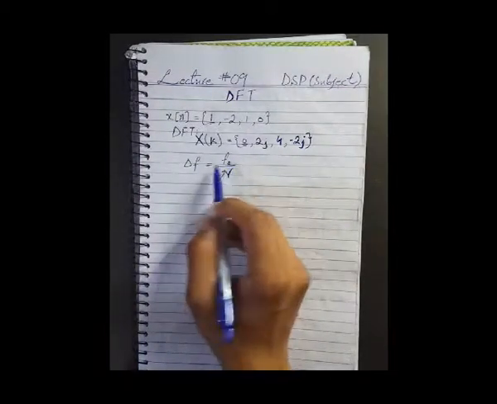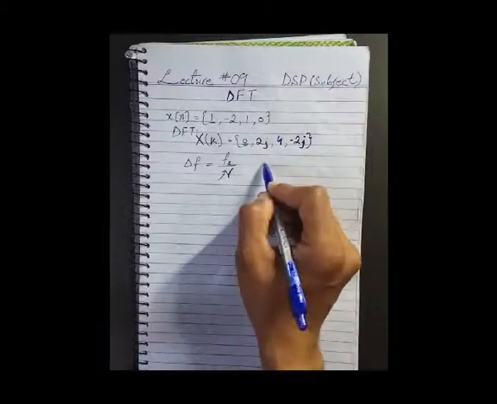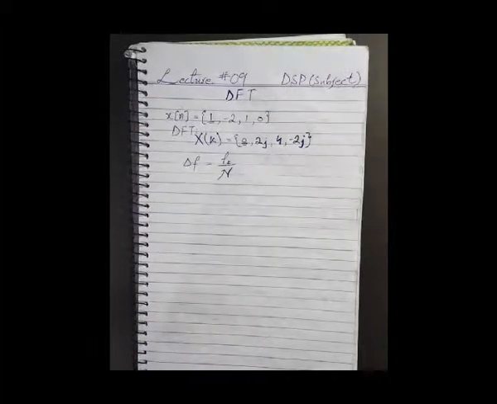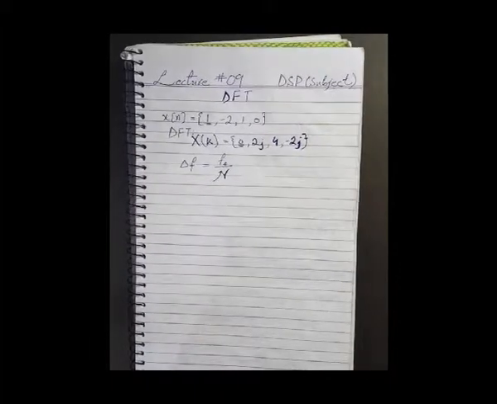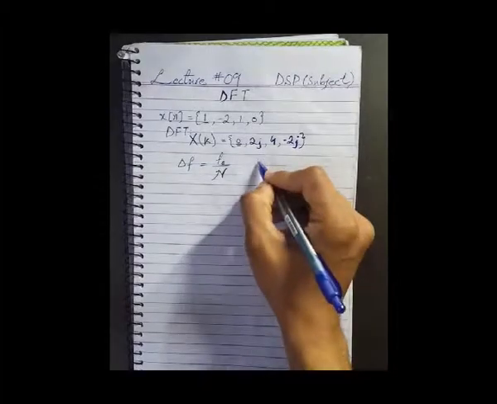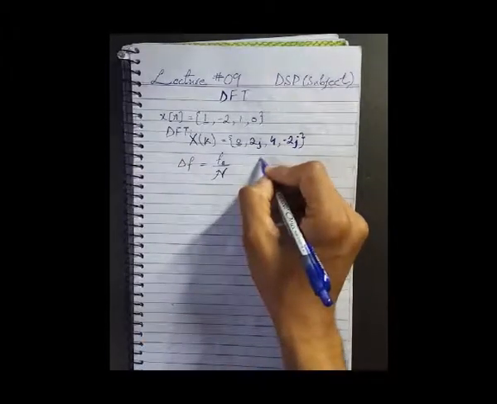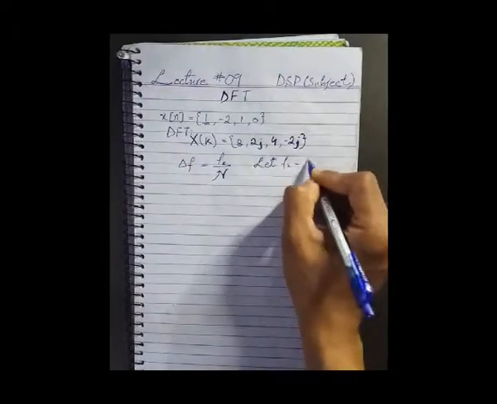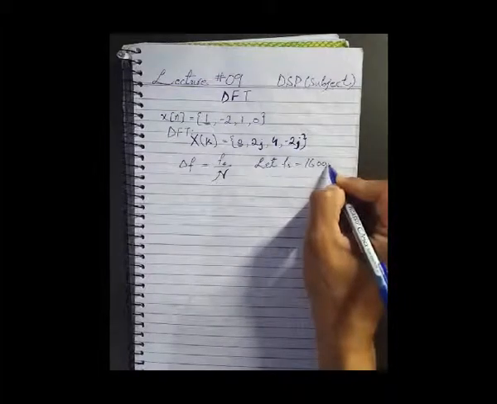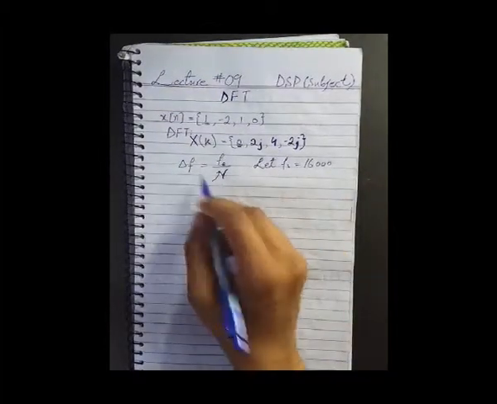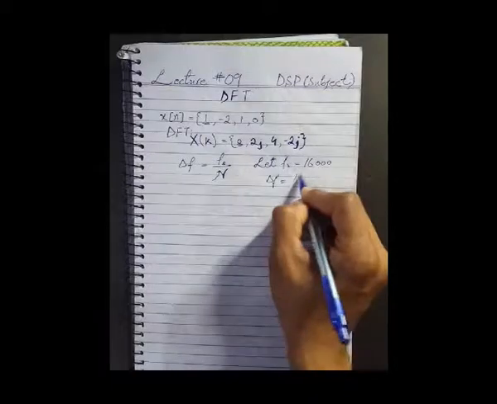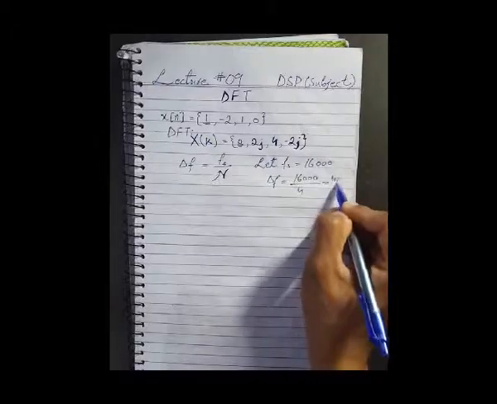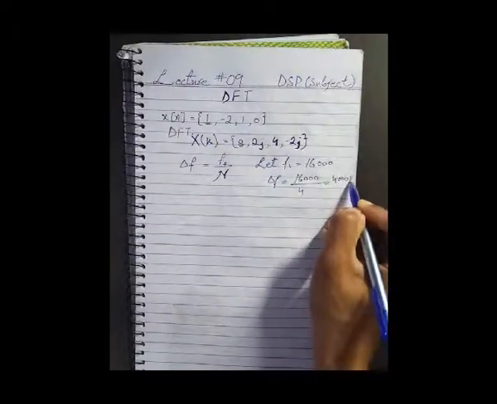Here we have not been given the sampling frequency, so we let fs is equal to 16,000, and delta f we get 16,000 divided by 4, so we get 4,000 hertz frequency.